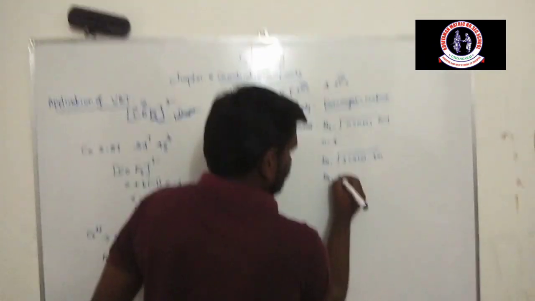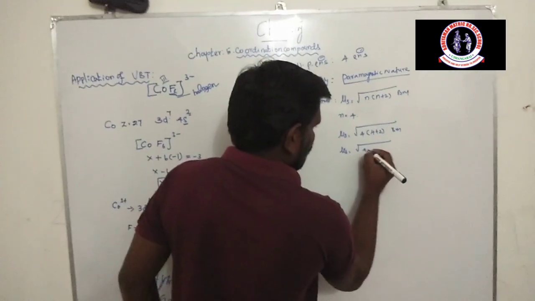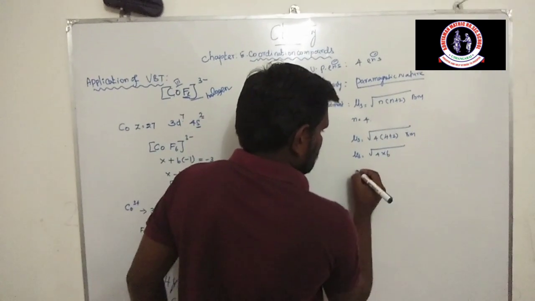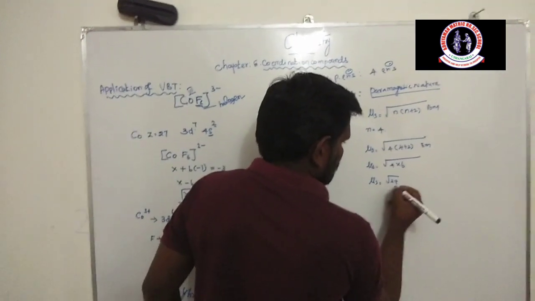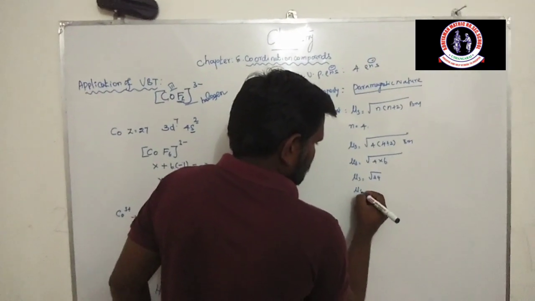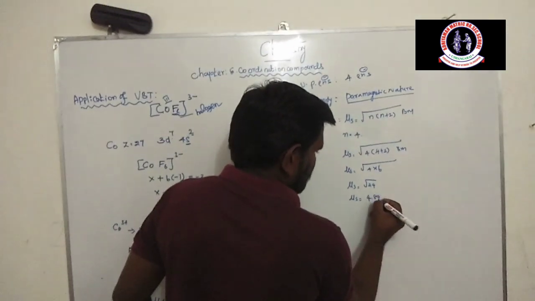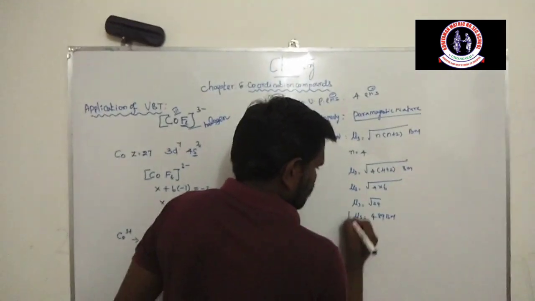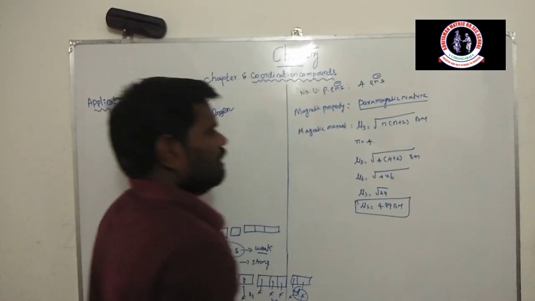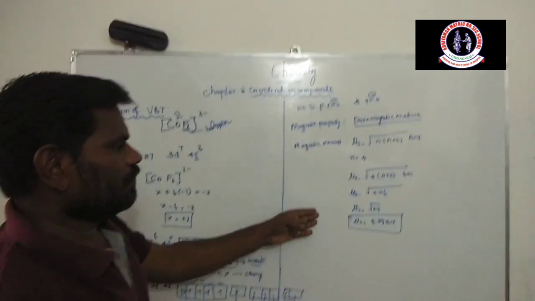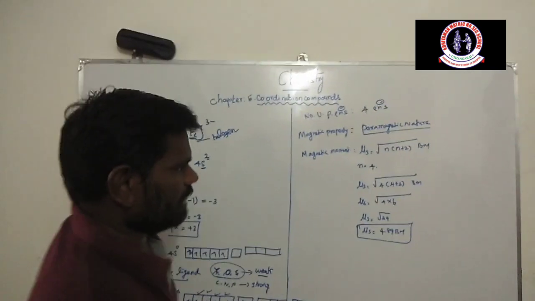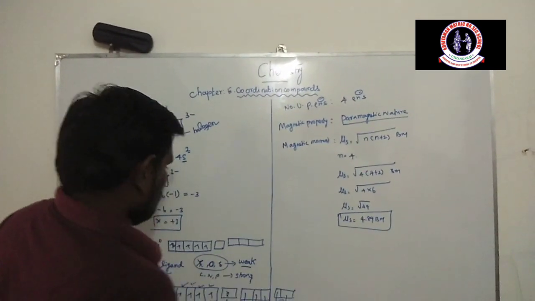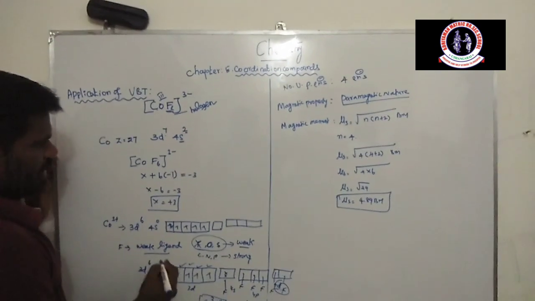Mu s is equal to square root of 4 into 6, square root of 24. So mu s is equal to 4.89 BM. That is the magnetic moment value of hexafluorocobaltate.